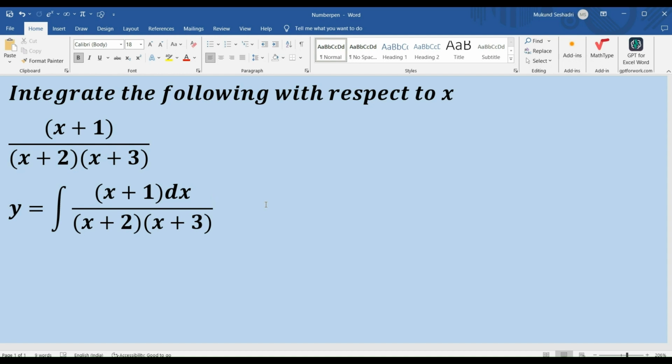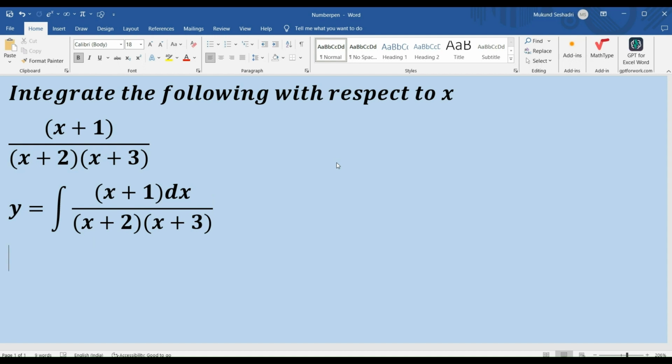So we have a rational expression of the type p by q. And I know that I can decompose this expression into partial fractions, right? So I can express it of the type a by (x plus 2) plus b by (x plus 3), right? Let me rewrite that particular expression.